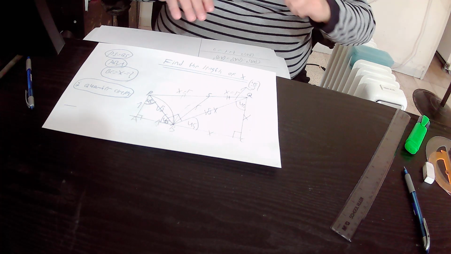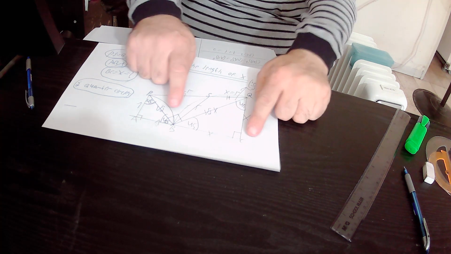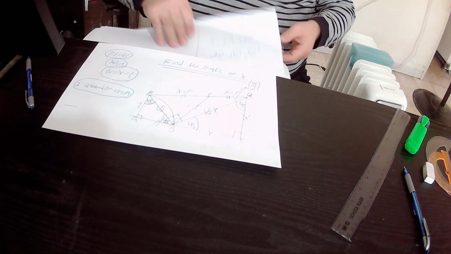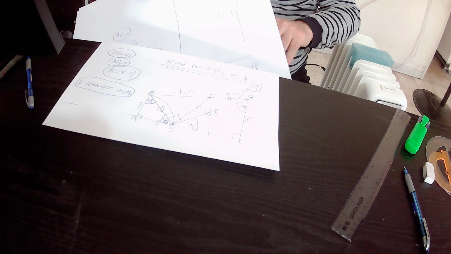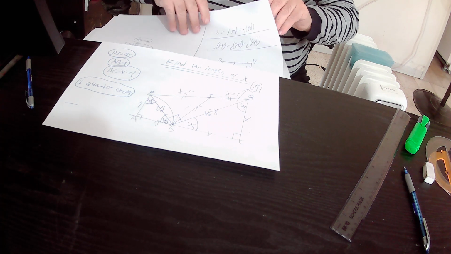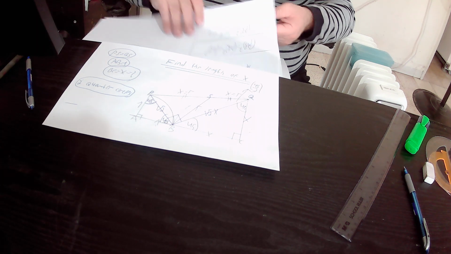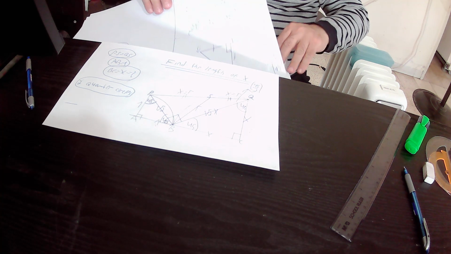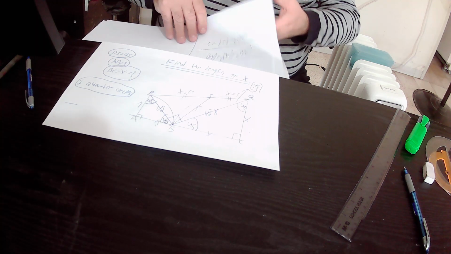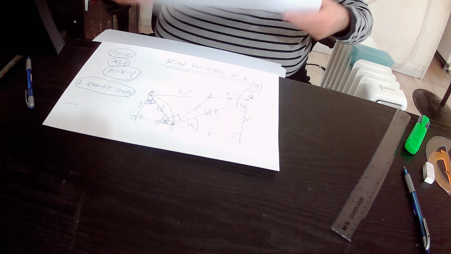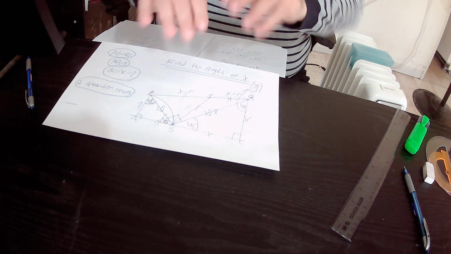In this lecture, we found out the length of this line segment BC, which is equal to x. So, in the drawing, we have those two quarter circles.